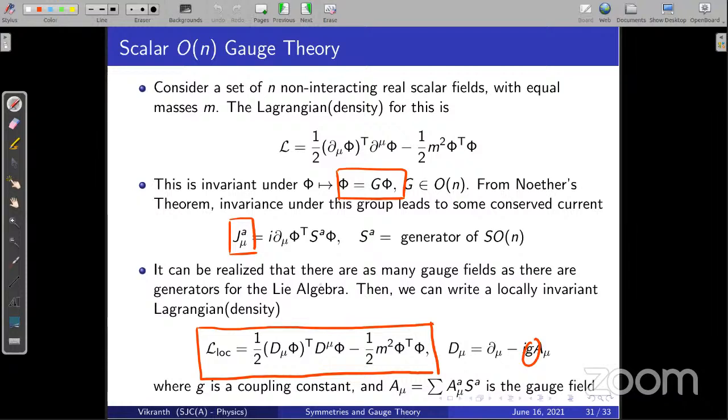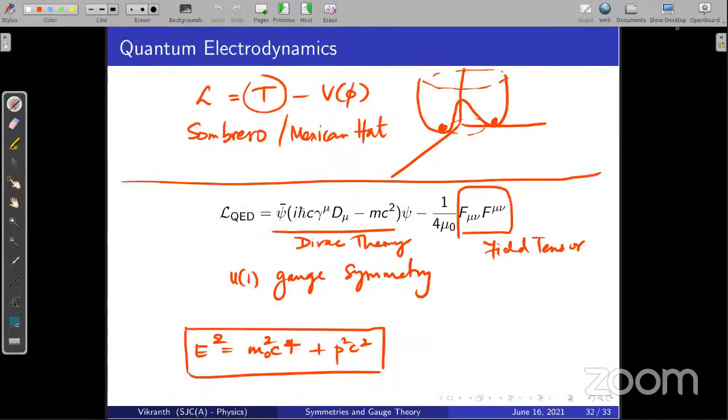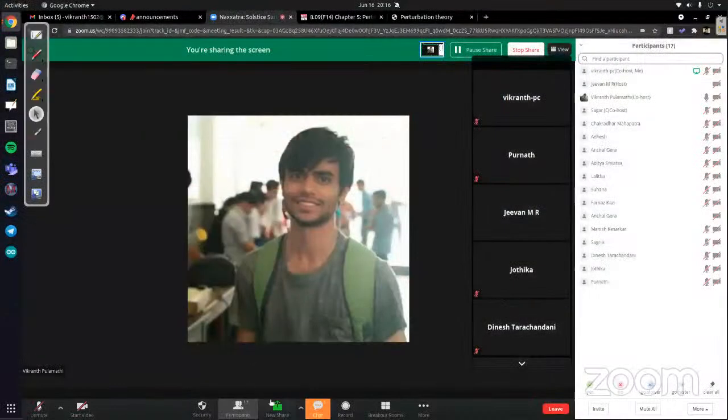Now it's on scalar. I've stopped sharing, I don't know why you can still see it. I think it's the Wi-Fi of mine that is really slow, and I'm unable to share my screen right now. I'm really sorry.